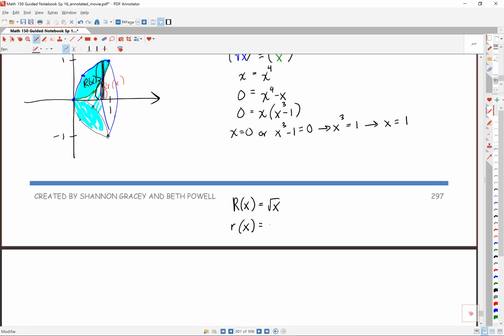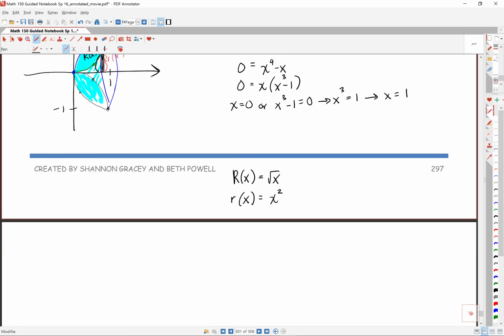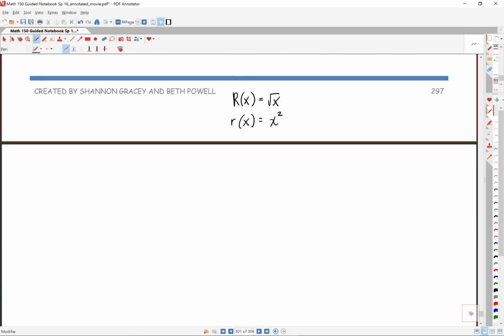So our volume will be pi times the integral from 0 to 1, I think, of capital R of x squared minus little r of x, the quantity squared, with respect to x.